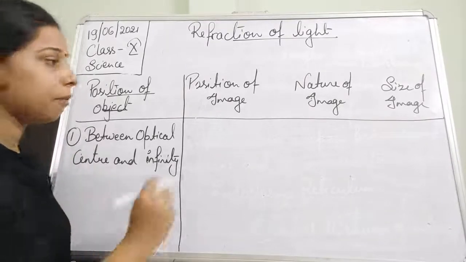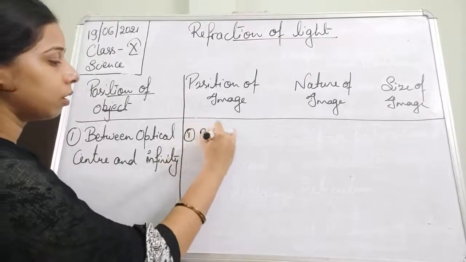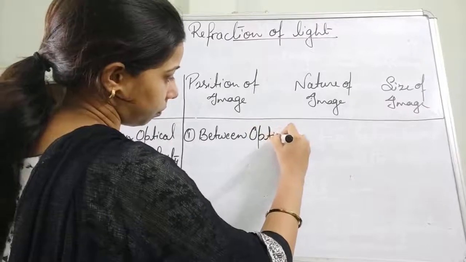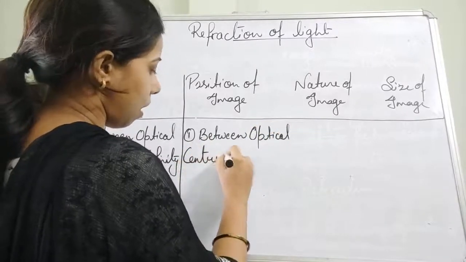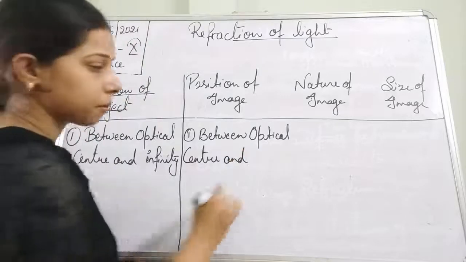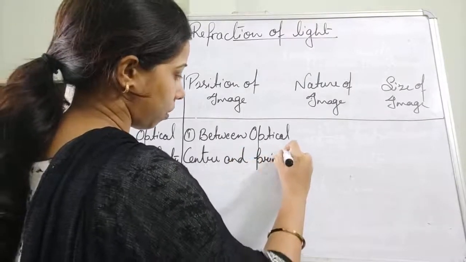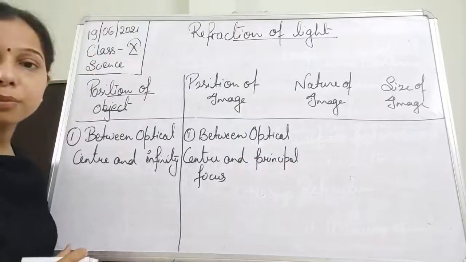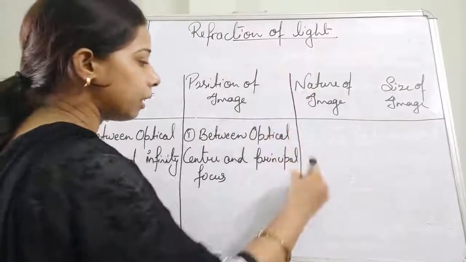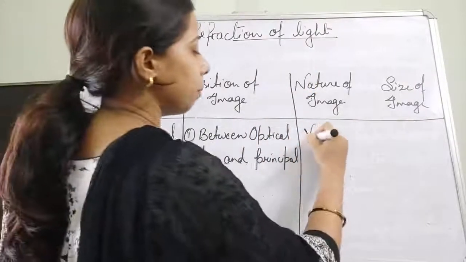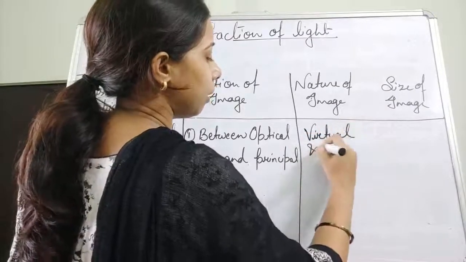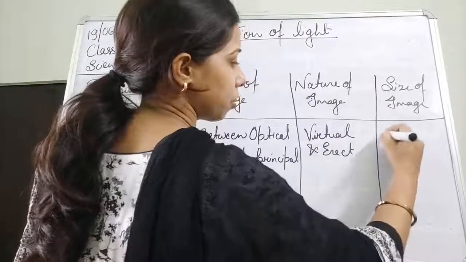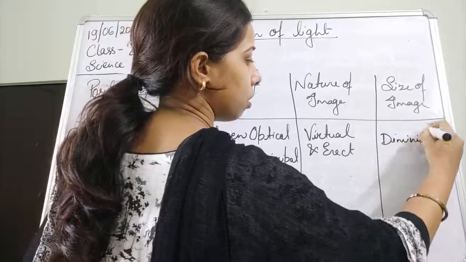The position of the image will be between optical center and principal focus. What kind of nature of image will be formed here? The nature of image will be virtual and erect. Size of the image, it will be diminished.